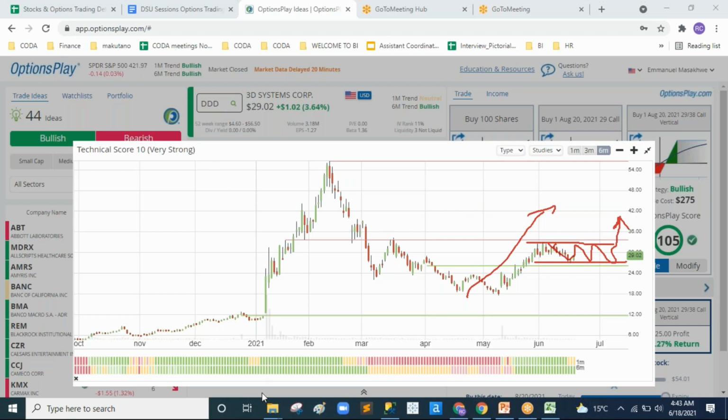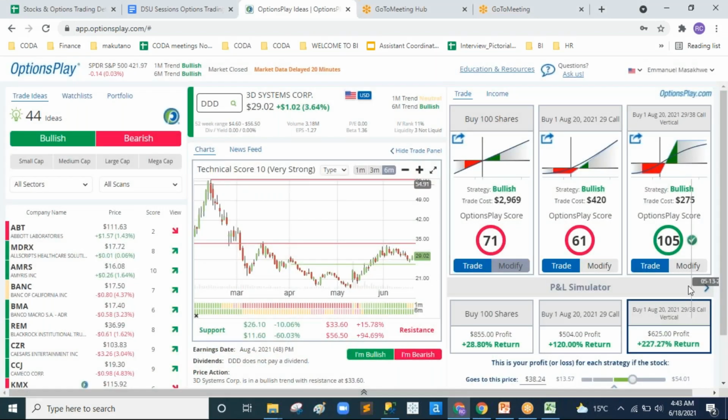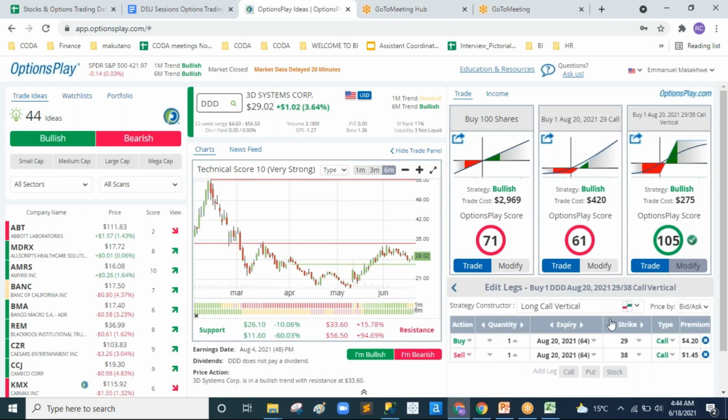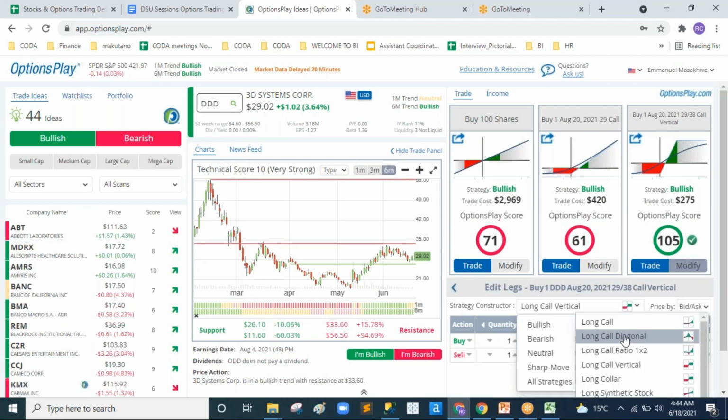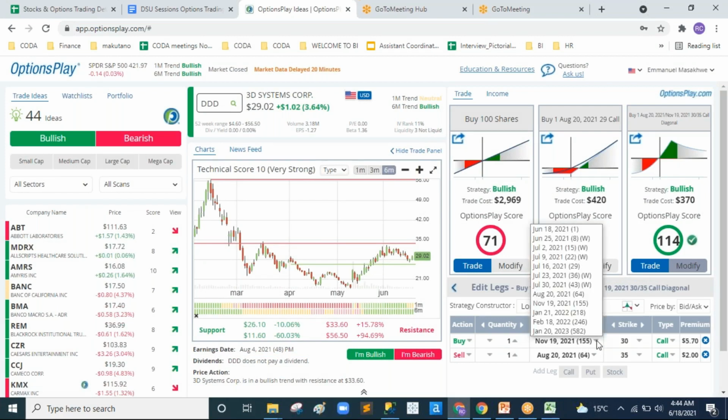This is just a normal call for this one. If I were to implement it, let's modify this and say it's a long. We have a bullish outlook, so we're looking at a long call diagonal. The long side is a buy, we said 60 to 180 days, isn't it?